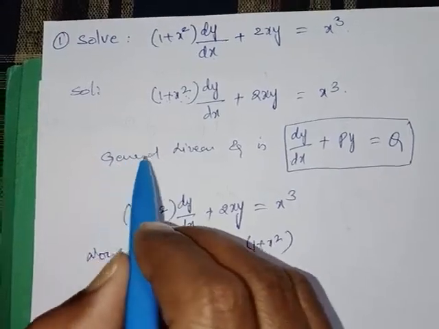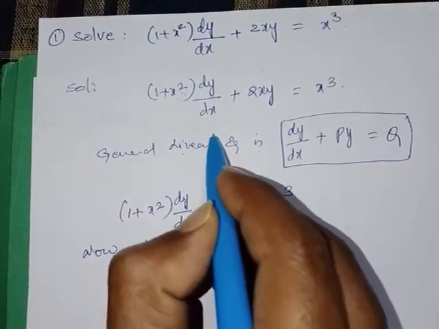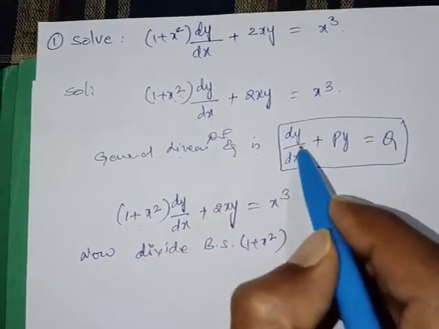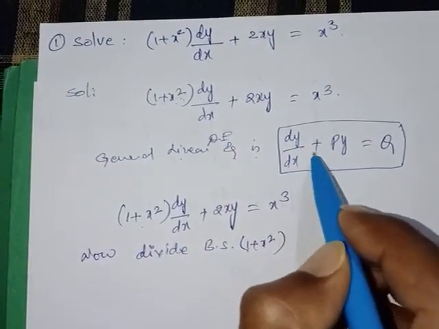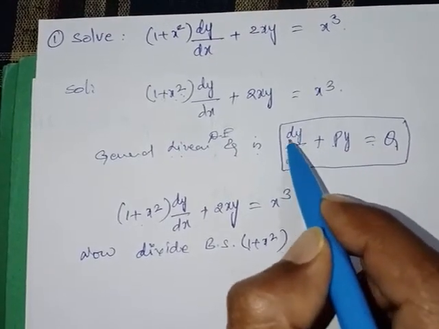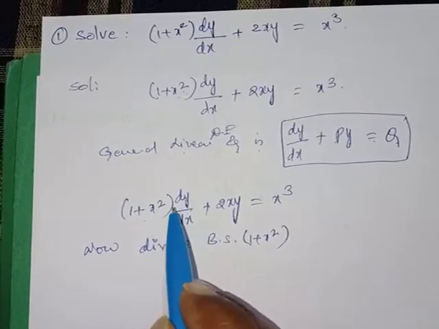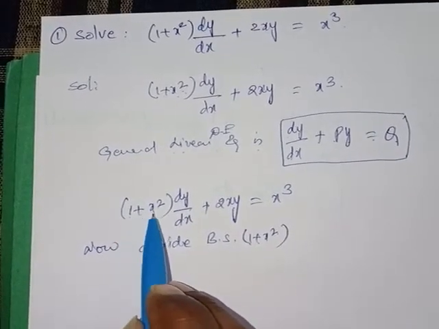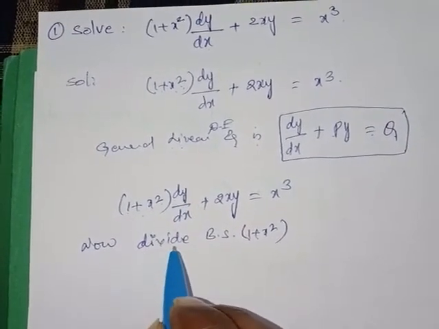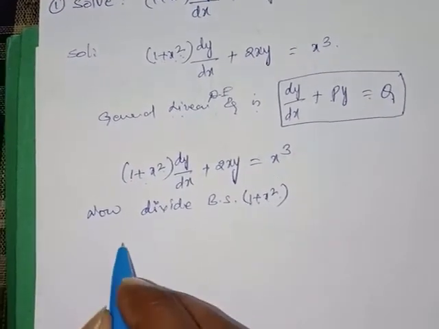In the general linear differential equation form, dy/dx + P y = Q, the dy/dx coefficient is 1, but in the given question the dy/dx coefficient is 1 + x². That's why we are dividing both sides by 1 + x².